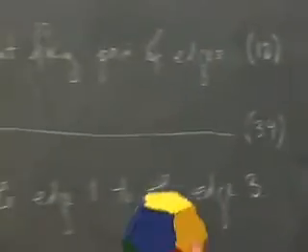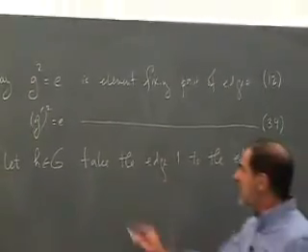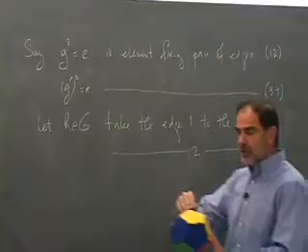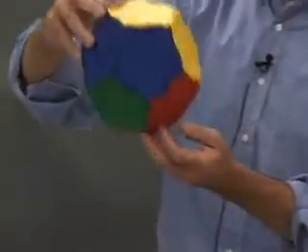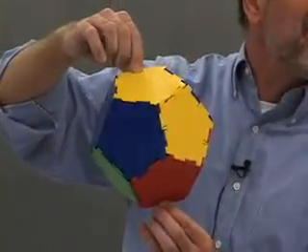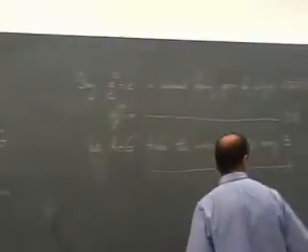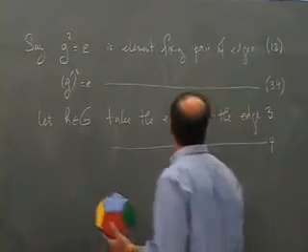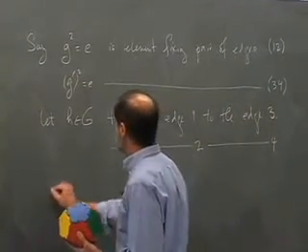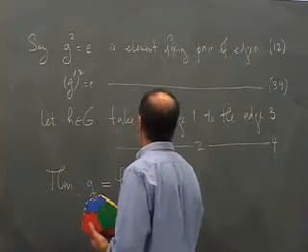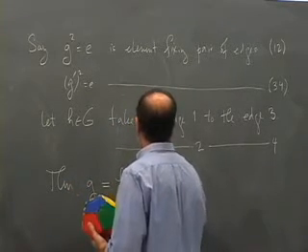So find an H that takes the edge 1 to the edge 3. Then it takes the edge 2 to the edge 4 because it preserves the dodecahedron. So once I know where an edge goes, I know where its opposite edge goes. Opposite is preserved. Okay. And then I claim, let's hope I get this right, that G is equal to H G prime H inverse.